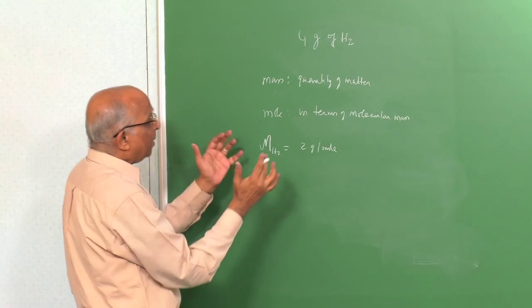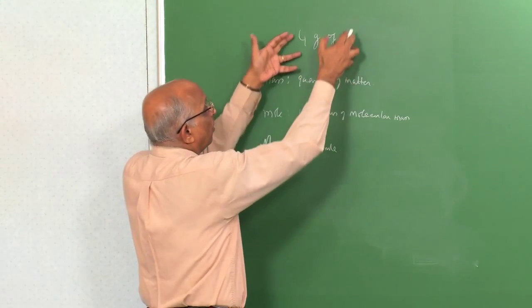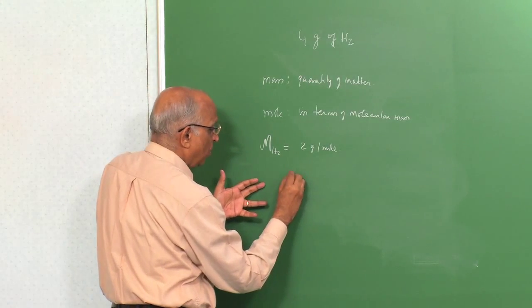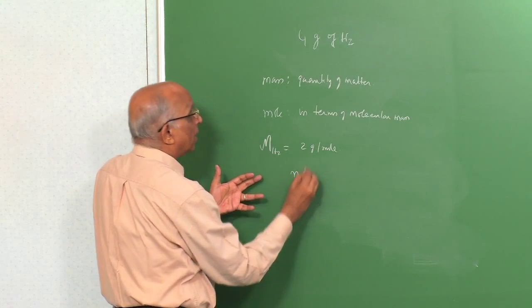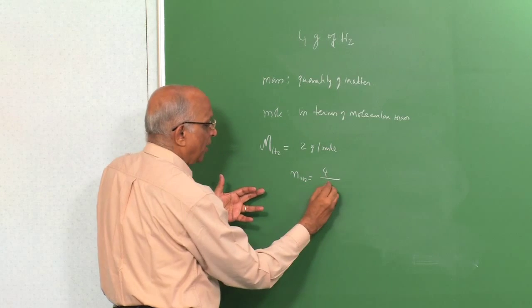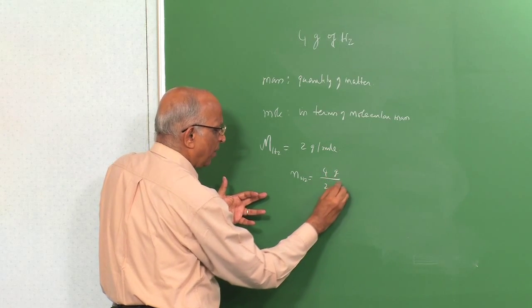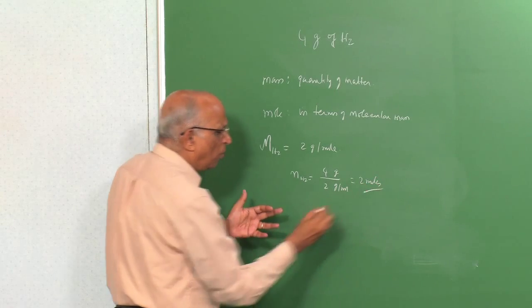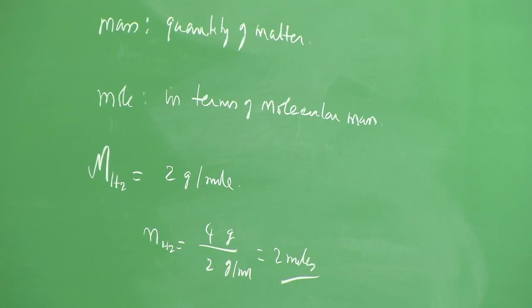Therefore, to describe the quantity of matter in 4 grams of hydrogen, I just tell myself the number of moles of hydrogen is 4 grams divided by 2 grams per mole, which is equal to 2 moles. Therefore, mole is also a unit which describes the quantity of matter.